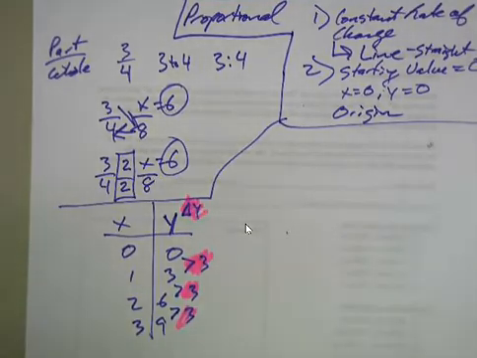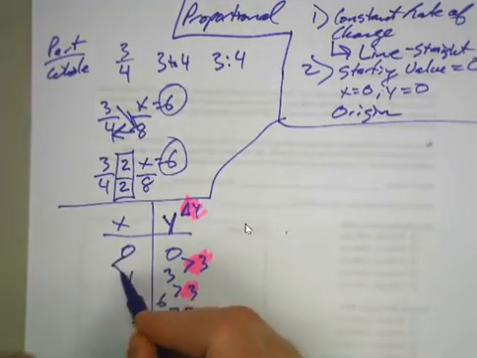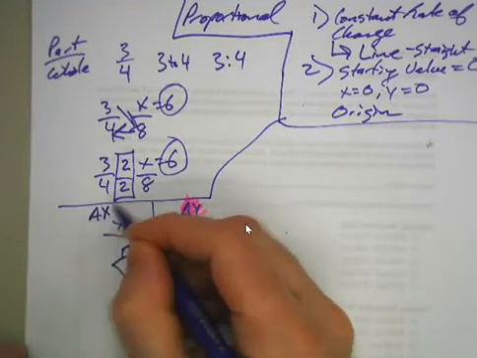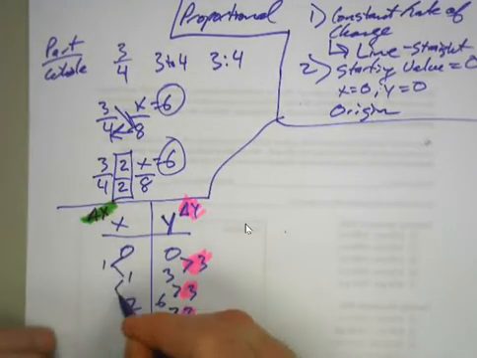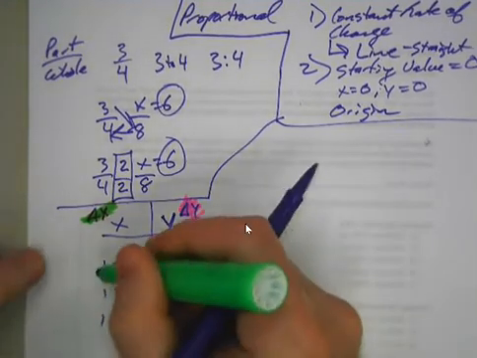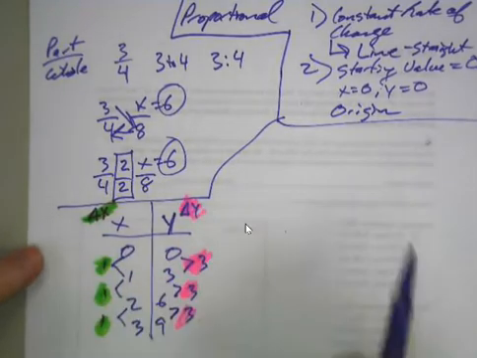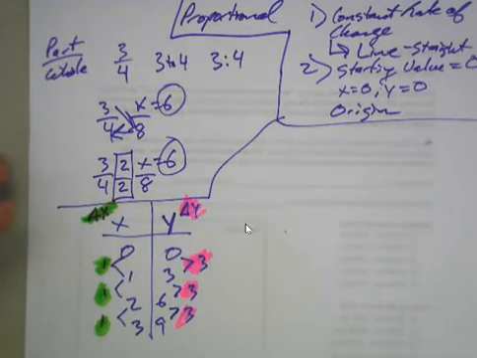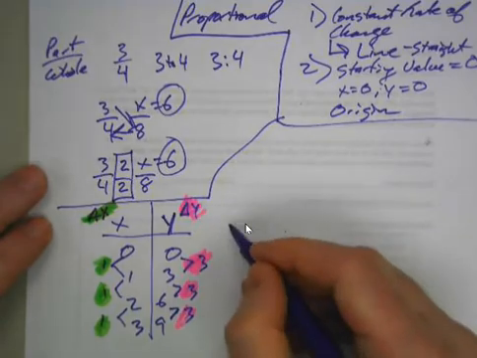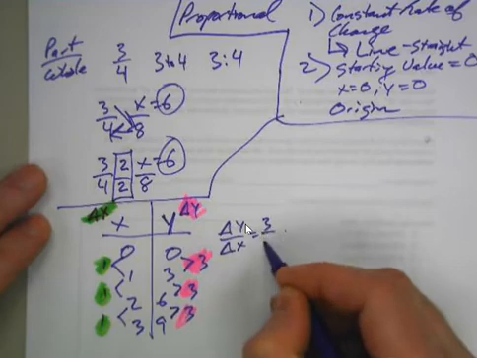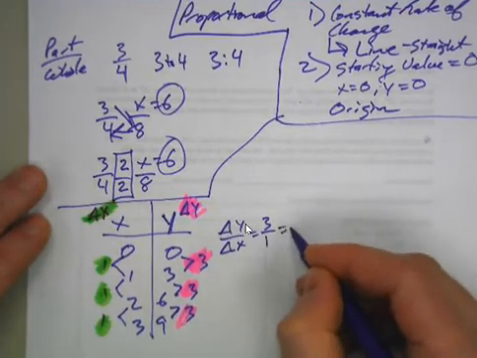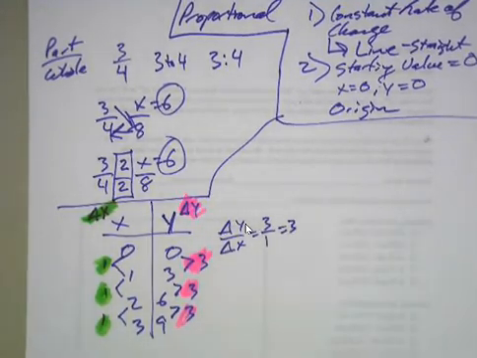And your delta x is 1 each time. So my delta y over my delta x, my rise over run, is 3 over 1, which equals 3, which is constant, the same each time. If the change is constant, you've met the first condition of proportional.